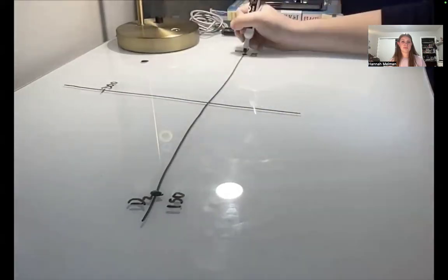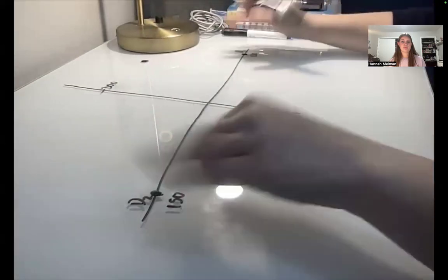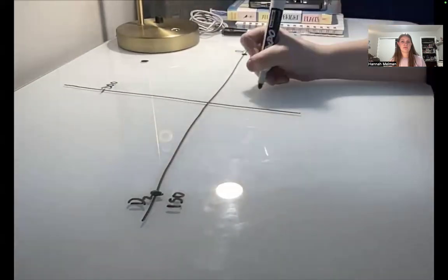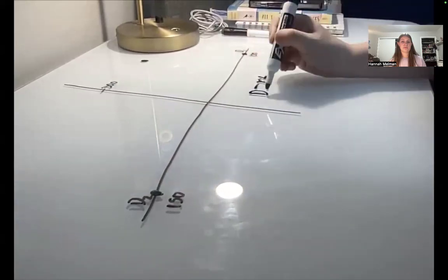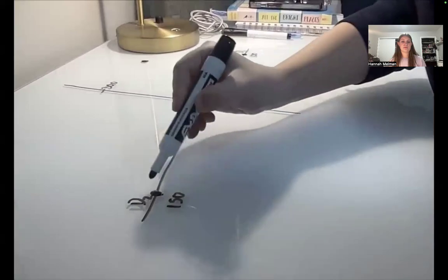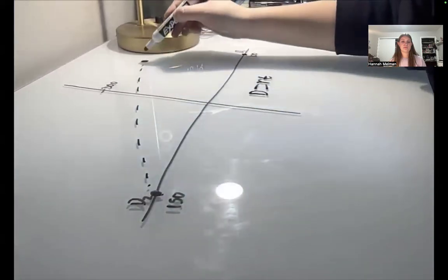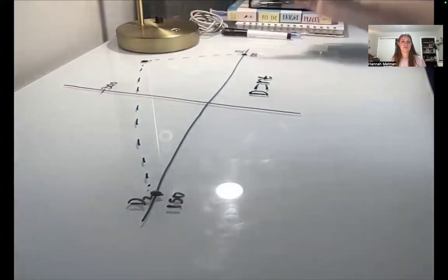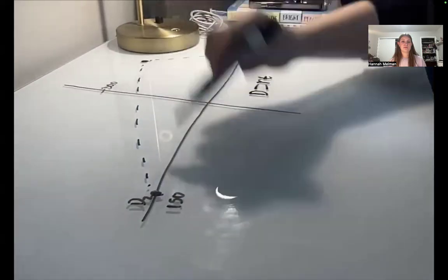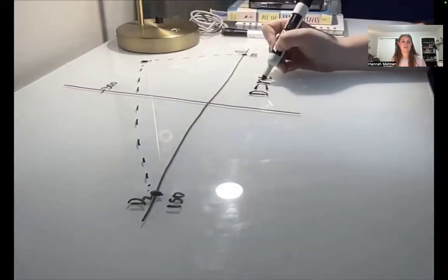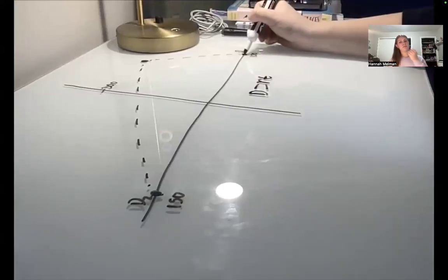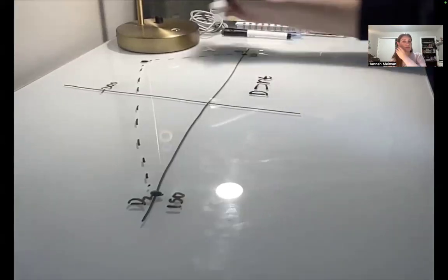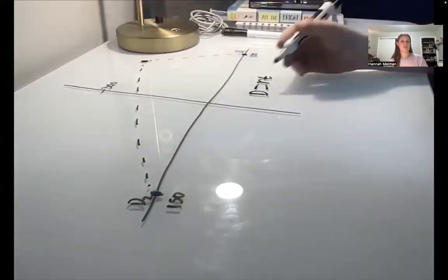Because these signals are transmitting at a constant rate, we can use this equation, D equals R times T. The difference in the distance from D2 to the boat and D1 to the boat equals the rate that they're being transmitted times the difference in the time that the boat is receiving them.